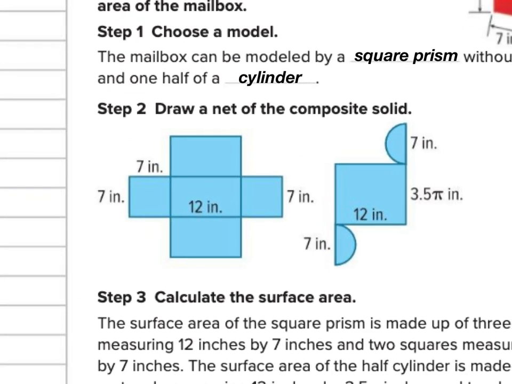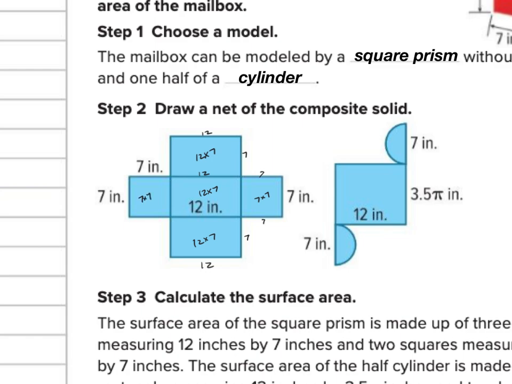And there it is. For example, this is a 12, this is a 12, this is 7, 7, 7, 7, 12. So I know this is 12 times 7, this is 12 times 7, this is 12 times 7. So I have 3 of those. This is 7 times 7, 7 times 7.